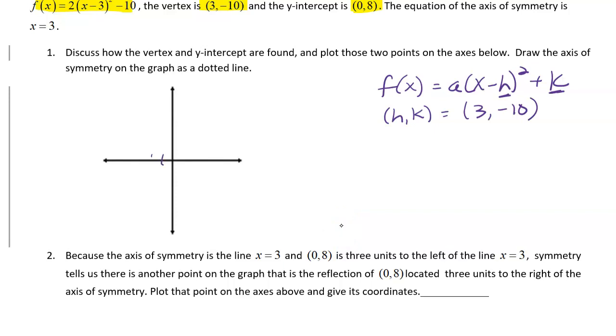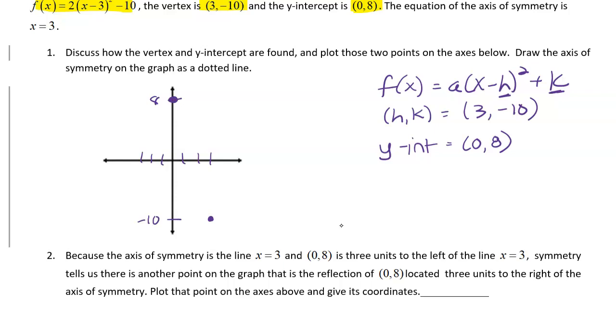So 1, 2, 3, 1, 2, 3, and then I'm going to mark this as -10 down here. So my vertex is 3, -10, and my y-intercept is the point 0, 8. All right, so that's going to be way up here somewhere. I'll just mark that with 8 and put a point there.